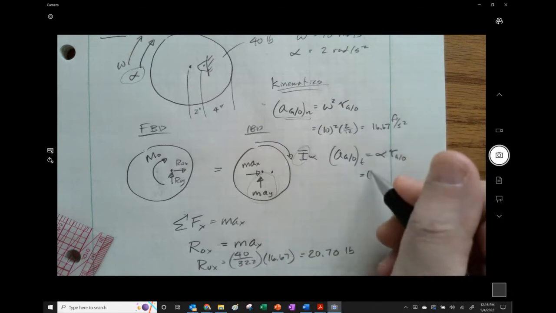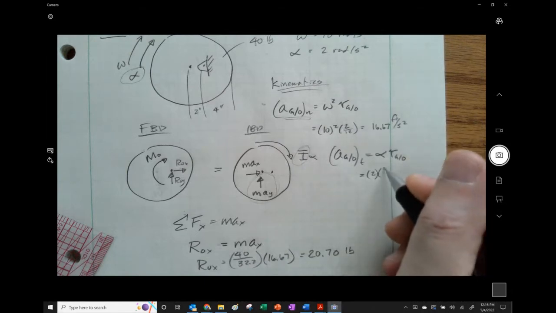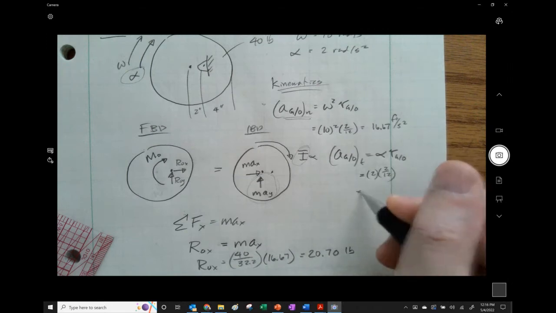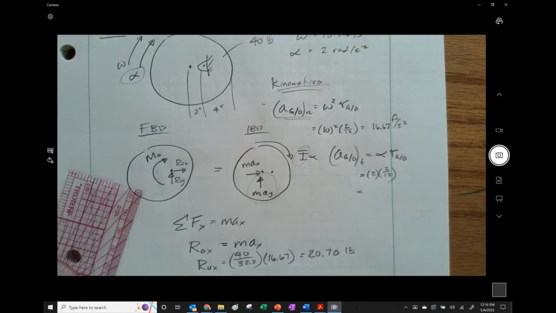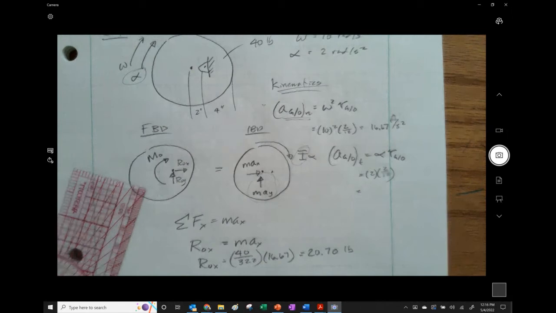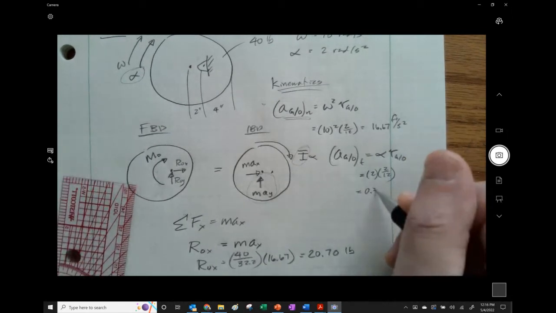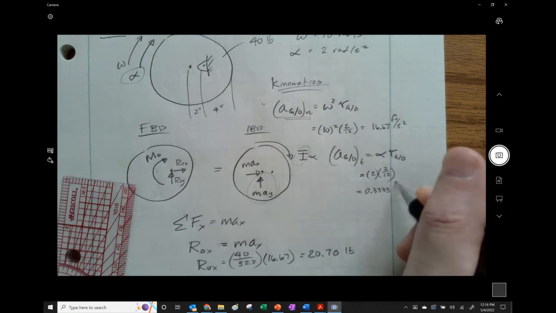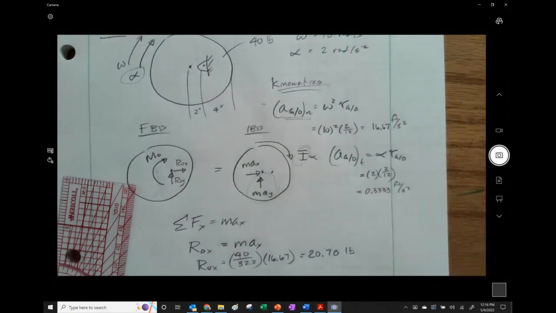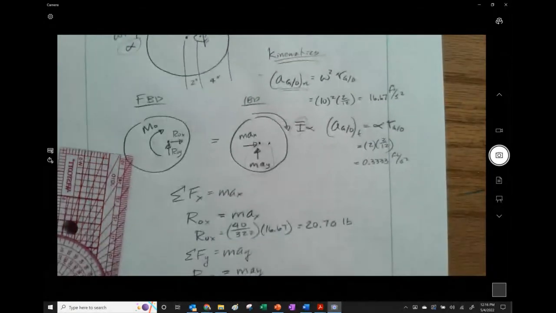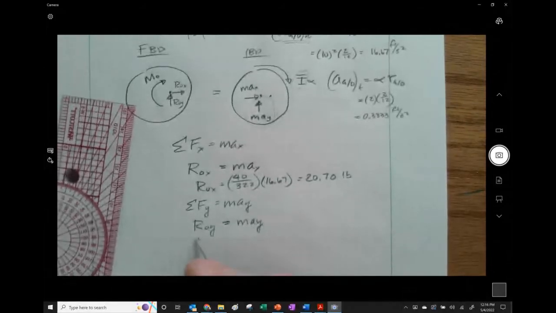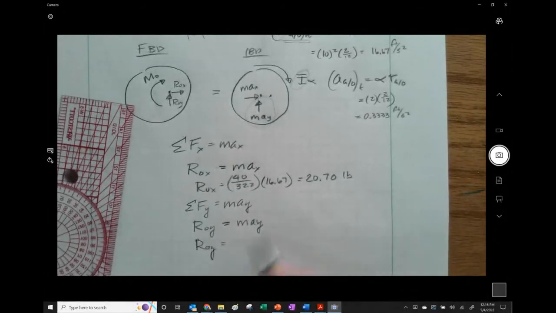So we could have said 2 times 2 over 12, which is 4 over 12, or 0.3333 feet per second squared. So R_Oy is equal to 40 over 32.2 times 0.3333.